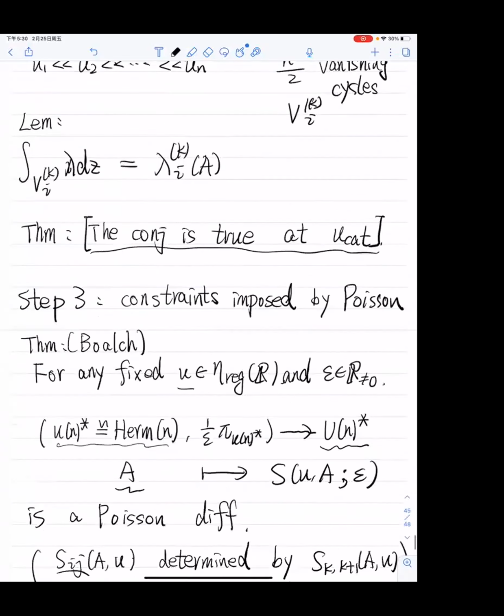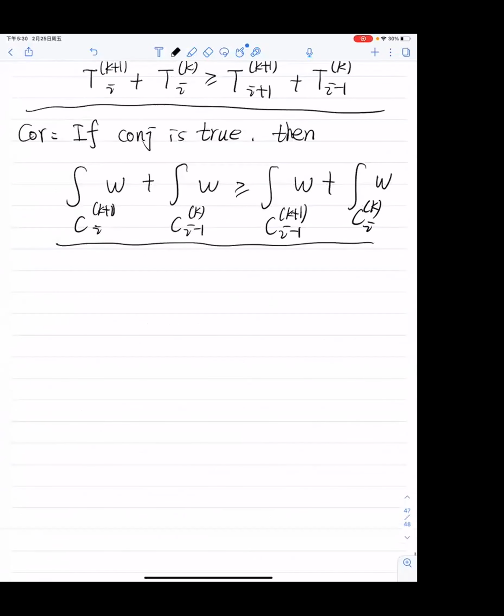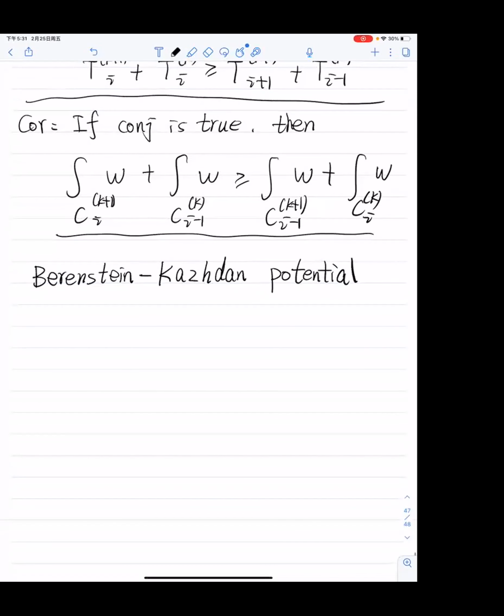There is one last comment I have to add, that these inequalities are actually, I don't have enough time, but this is actually the same thing as, so this inequality encodes the same data as the Berenstein-Kazhdan potential of the unipotent radical of a Borel subgroup.